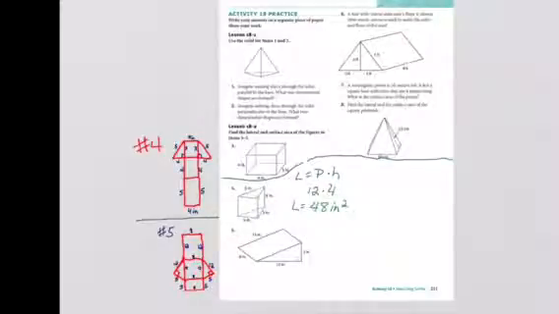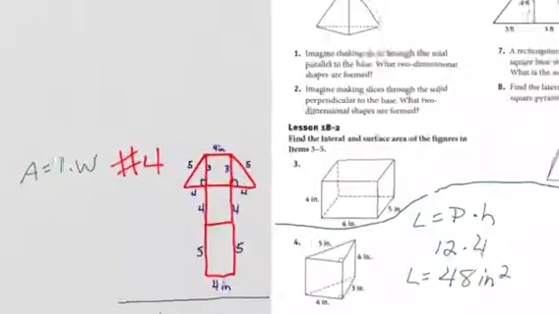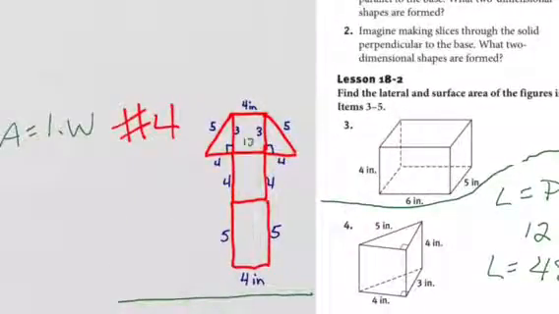Now, the other way we could have done it is to go to the net and, for each of the lateral faces in the middle, use the formula area equals length times width. On the very top lateral face, we have 4 by 3. So 4 times 3 equals 12.